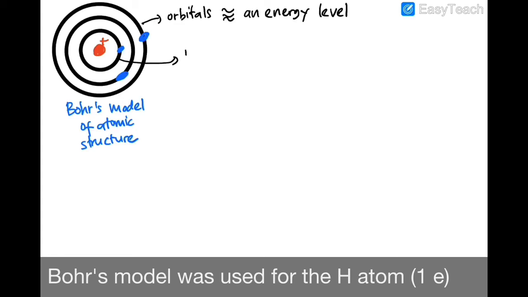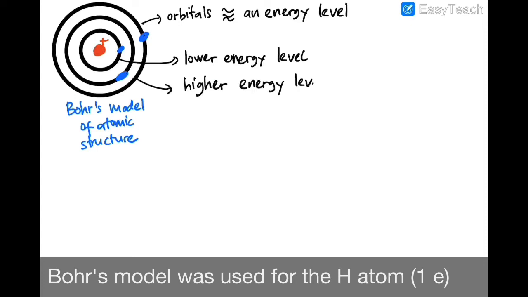So here inside, you have a lower energy level, and outside here you have a higher energy level. And if we draw this as lines, for instance, like this, you have 3 different energy levels.